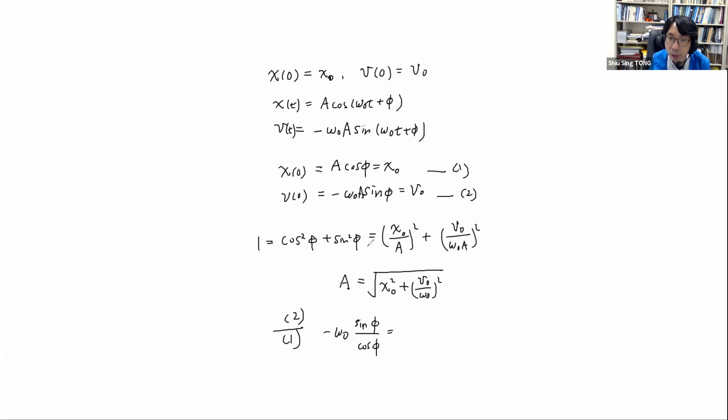And that means minus omega naught tangent phi is equal to v naught over x naught. Is that right? So that means phi is equal to arc tangent, with a minus sign here, of v naught over omega naught x naught. So that is our answer.